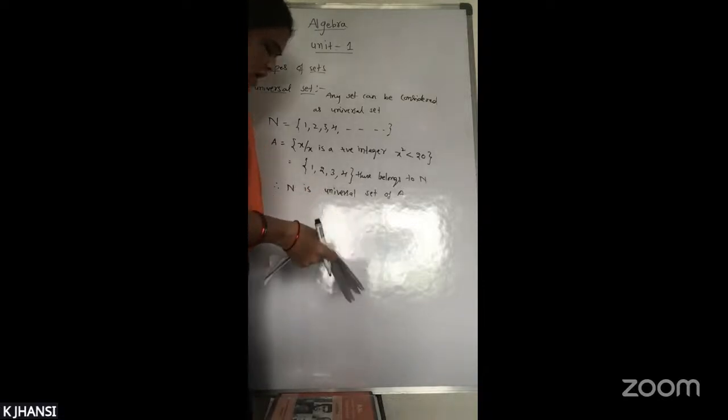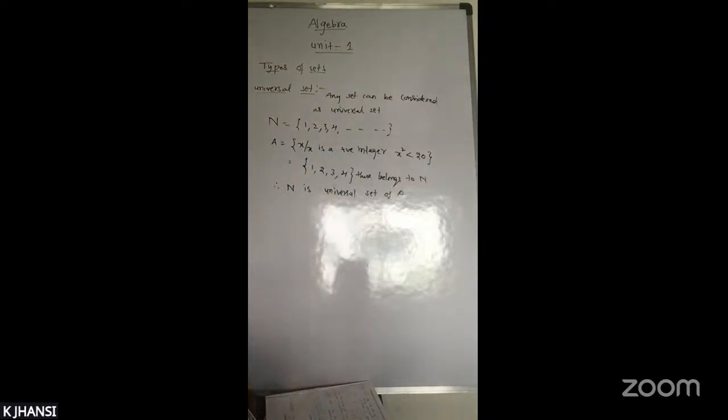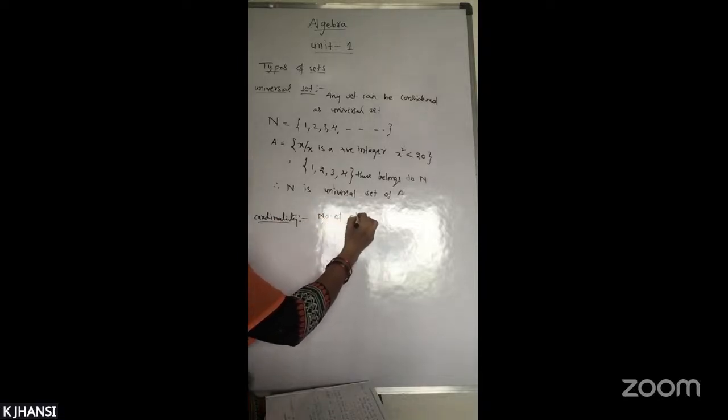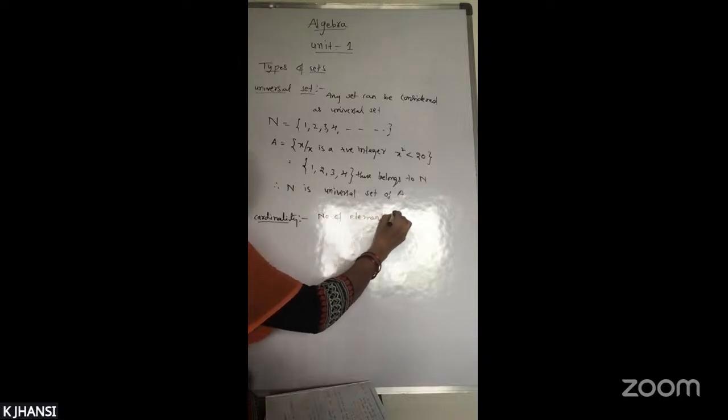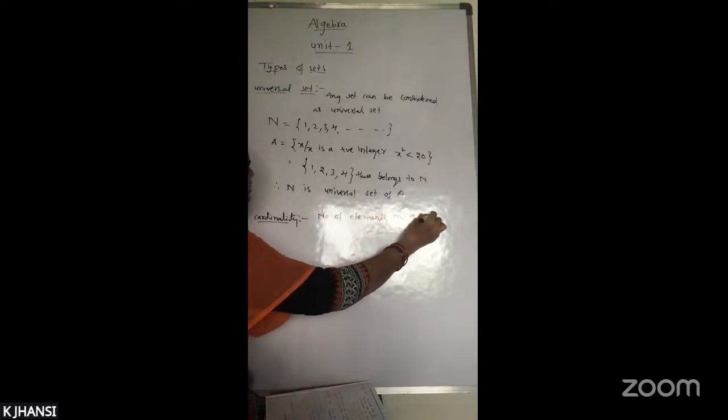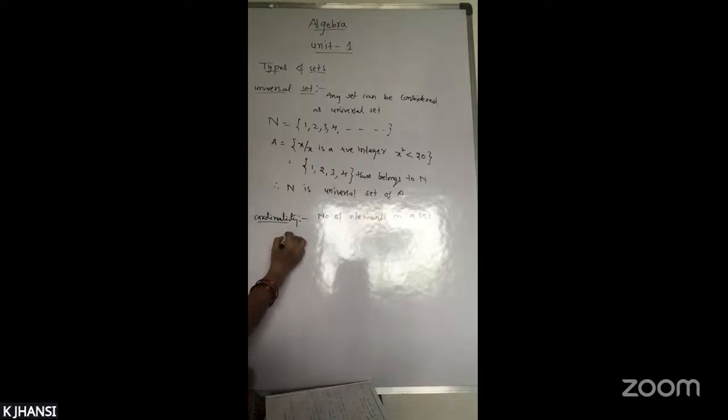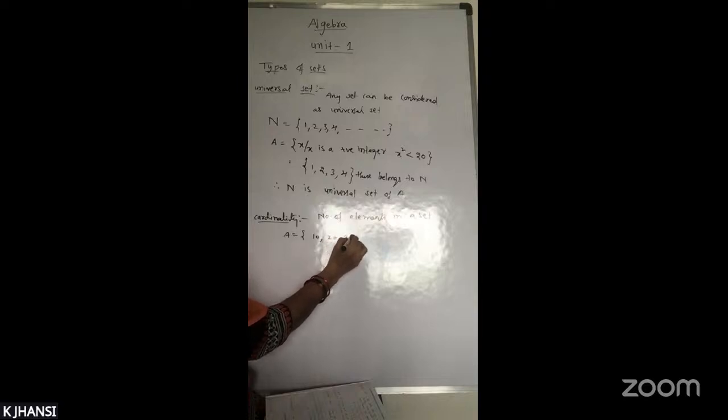So after this we have cardinality. Cardinality means the number of elements in a set. In solving problems we use this concept. You can take any example, say A is equal to 10, 20, 30, 40.